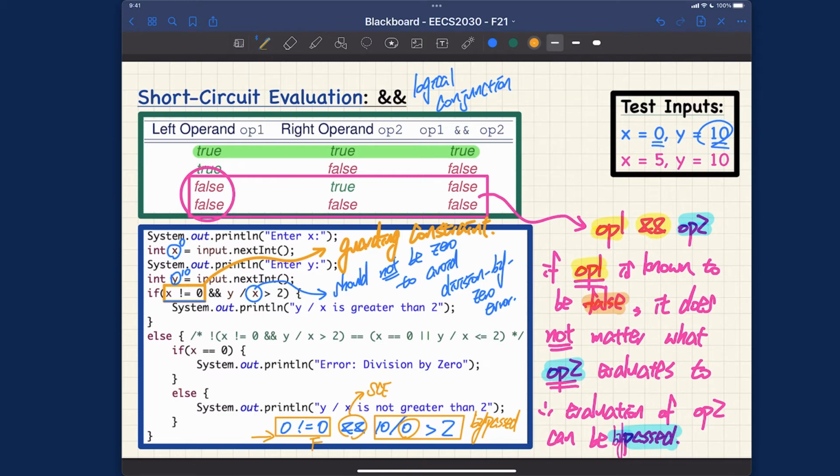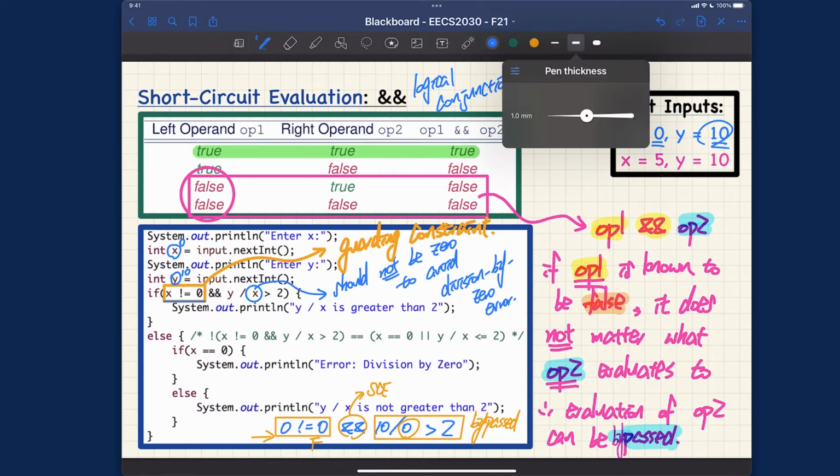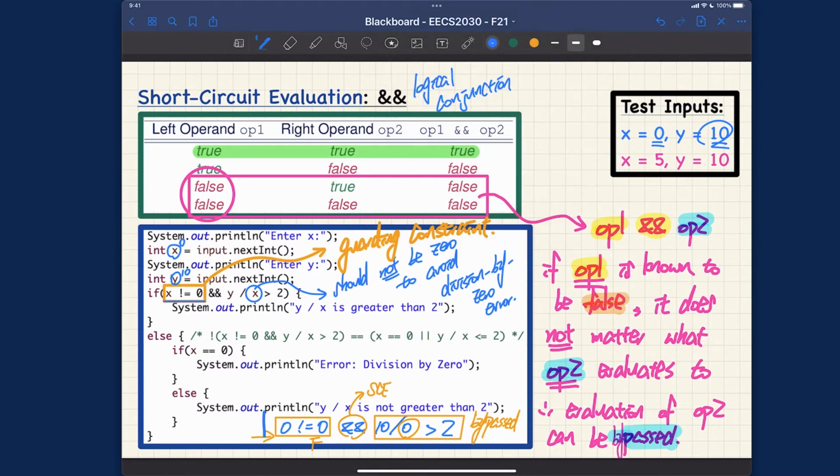So the whole expression over here is just going to be evaluated to false. Meaning that we're going to bypass this part over here, and then we're going to go to the else part. And because x is indeed equal to 0, we're going to print out error division by 0. So that's actually the correct behavior.